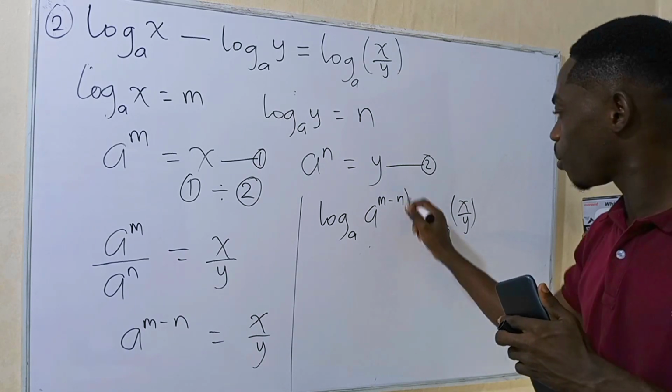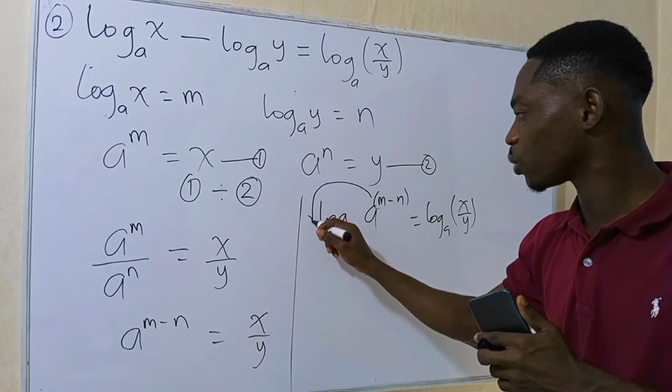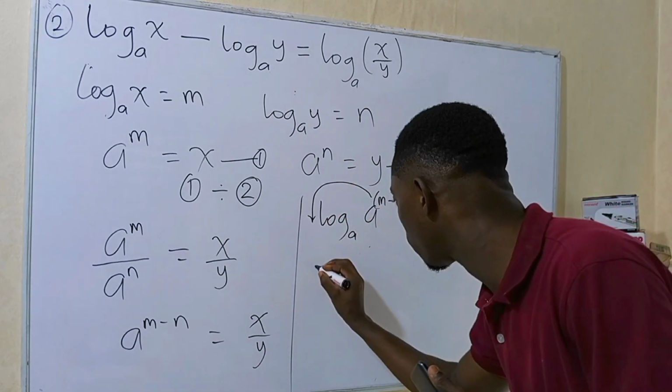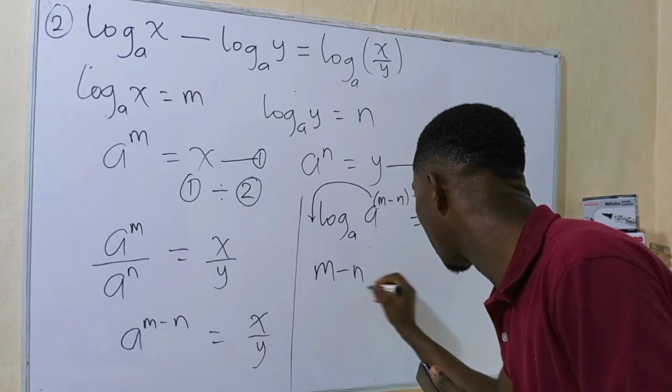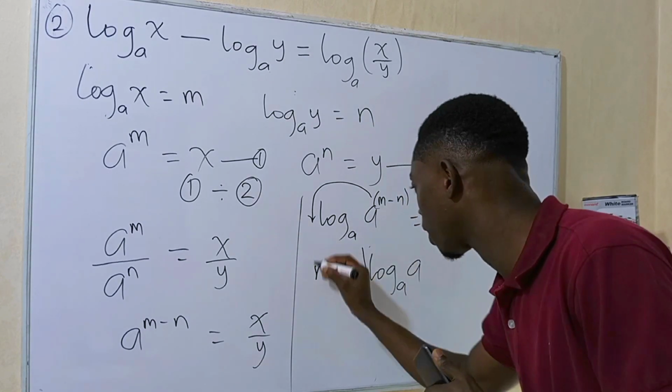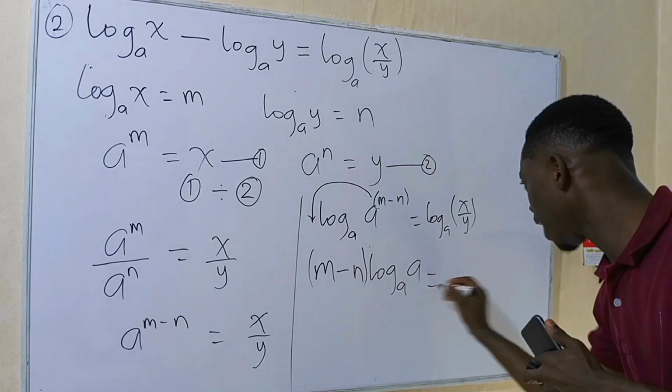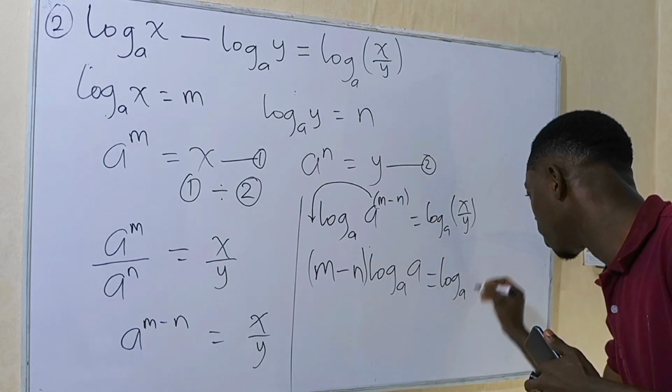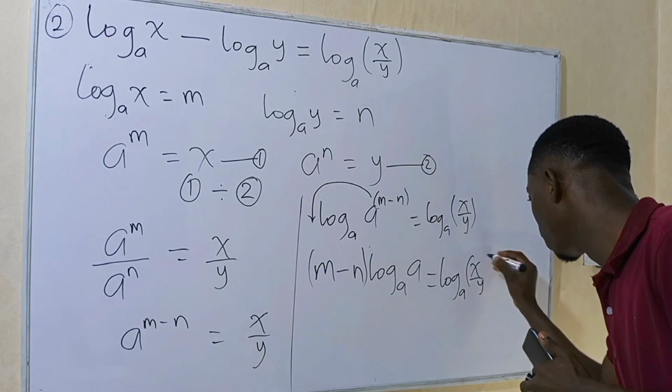And here we can move this power all the way to the front, and we are going to have m minus n log base a of a. Let me put this one in parentheses to be nice, then log base a of x over y.